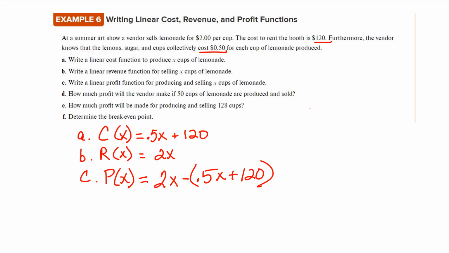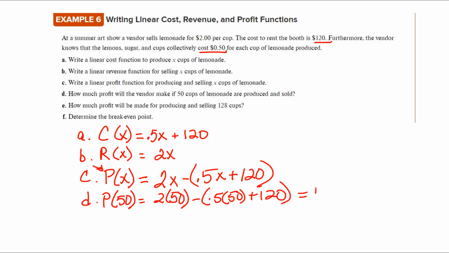And then it says how much profit will the vendor make if 50 cups of lemonade are sold. So that is a profit function question because you want to know how much money you made if you sold 50 cups. So P of 50 is equal to 2 times 50 minus (0.5 times 50 plus 120).